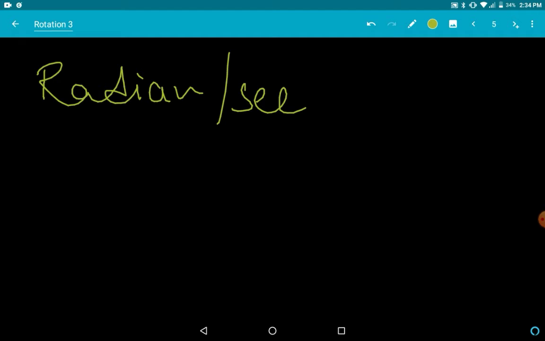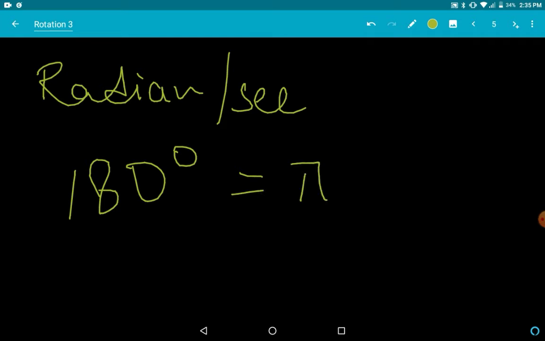You'll ask what is a radian? Radian is a different unit of angle, and the main logic is that 180 degrees is equal to pi radians. If you ever want to convert, radian per second is the unit of angular velocity.